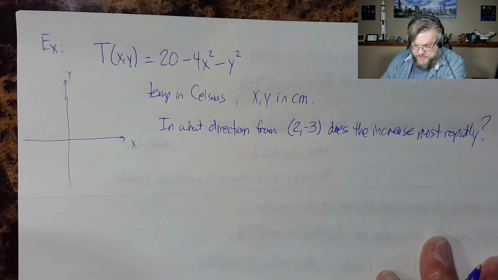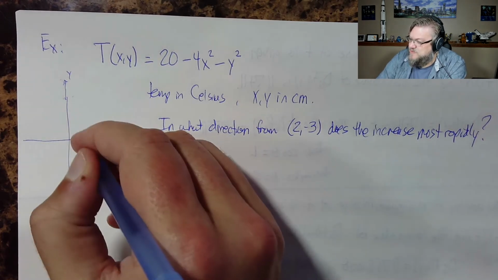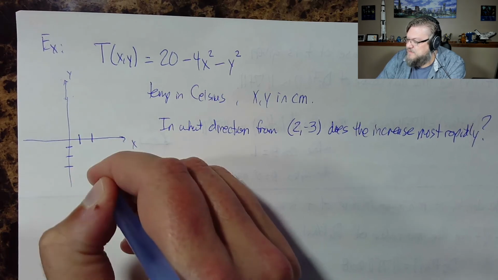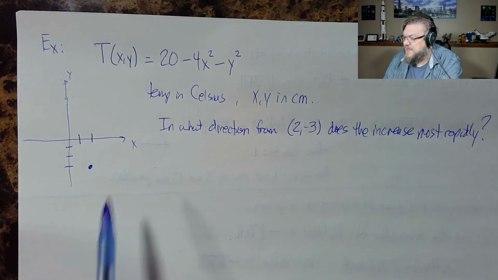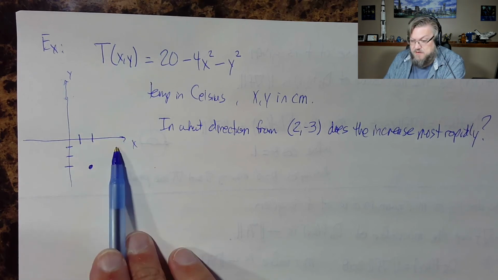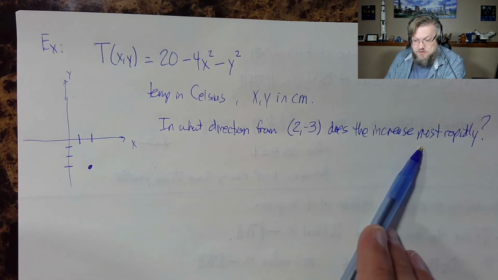Okay. So let's go ahead and think about what we're doing here. So I'm living on the plate here at 2, -3. So that means I'm on the plate right here. And I'm interested in what direction do I go to experience the greatest increase of temperature, right?